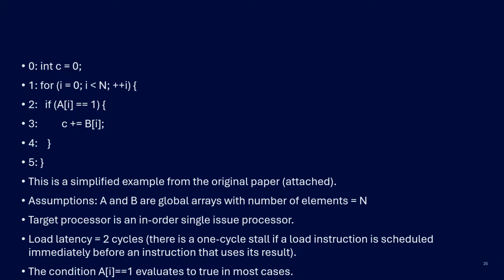B1, B2, B3, right? Can you construct a trace with these three nodes? B0 is not part of the loop, right? So the trace is B1, B2, B3.